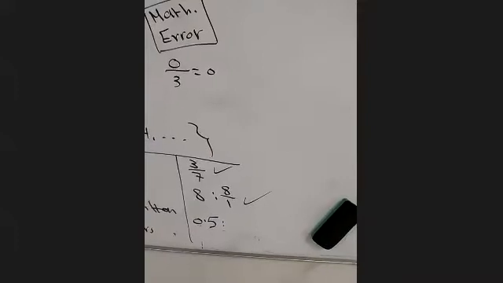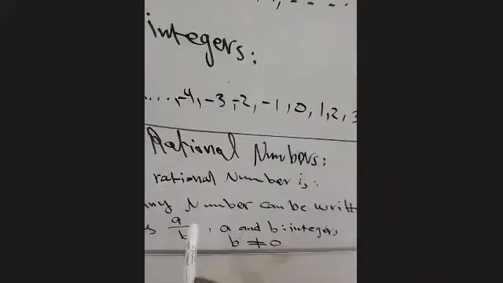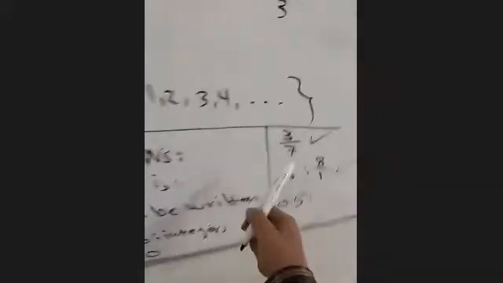You don't understand what? A rational number is A over B. Is this A over B? No, it's a number, not a letter. Is it like A over B or not? The problem is with A over B.